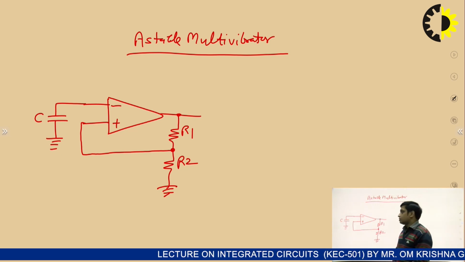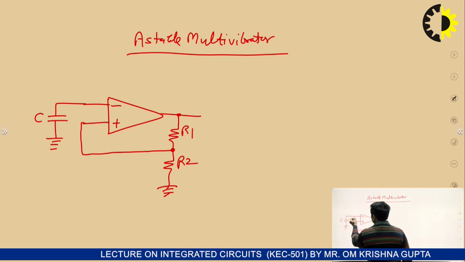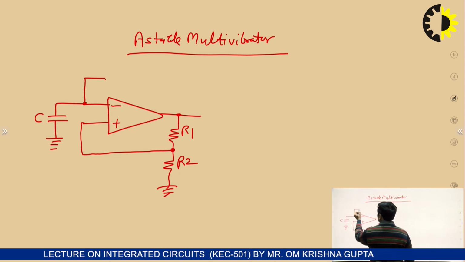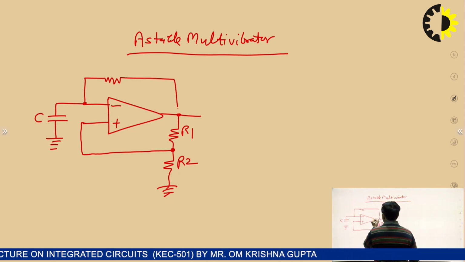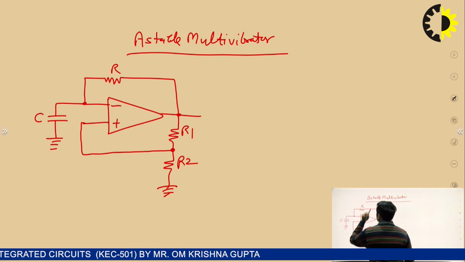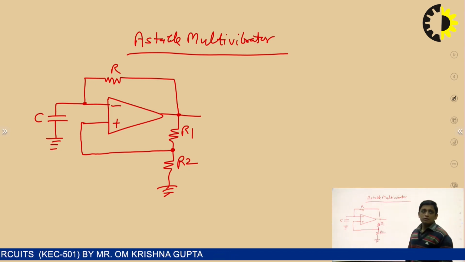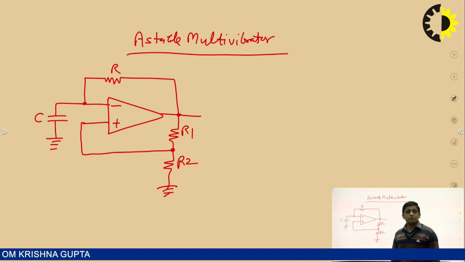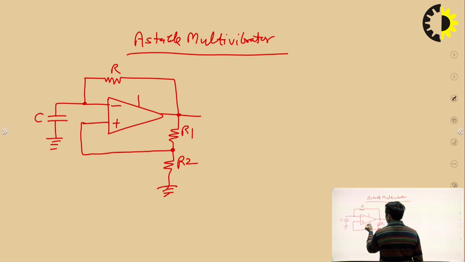So to provide the discharging path, what we do, we connect a resistor R in the feedback. So this is the circuit of astable multivibrator using 741 op-amp IC, and if it is 741 IC, then it means that it requires two power supplies, plus VCC and minus VCC.